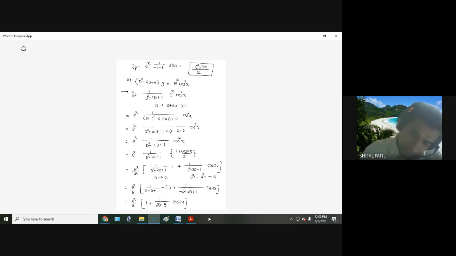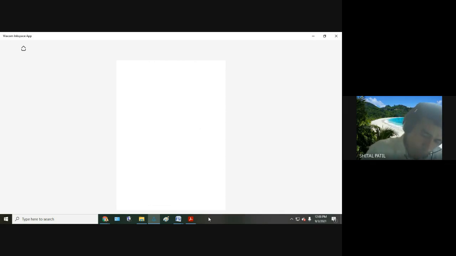Let me change the page. 2d minus 3. So we want d square in the denominator. Check whether this is correct or not.